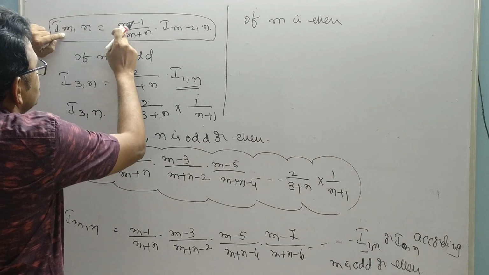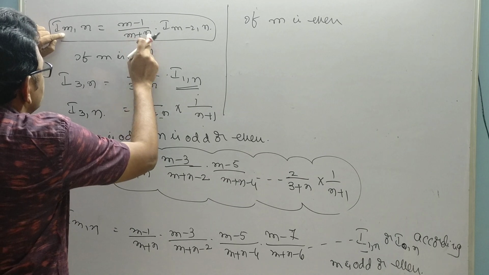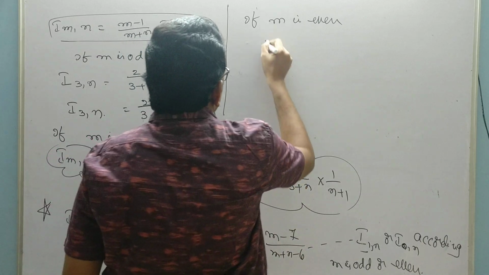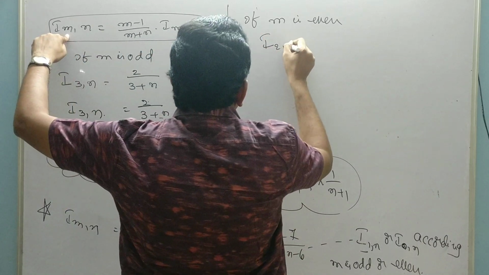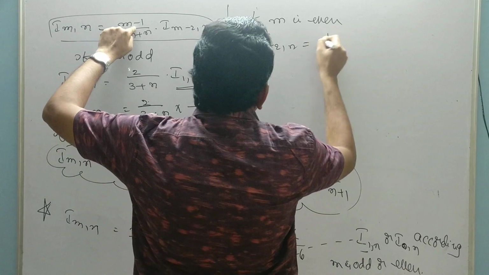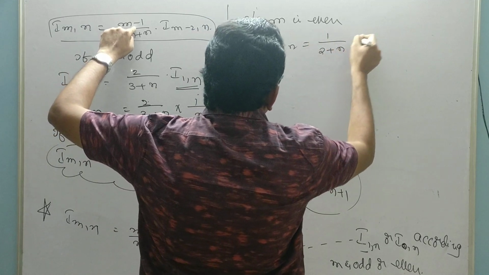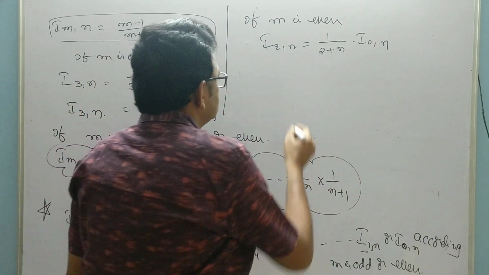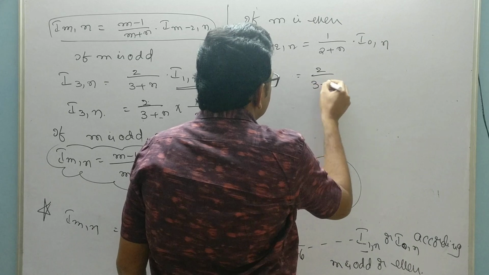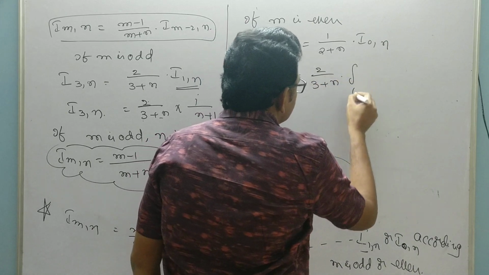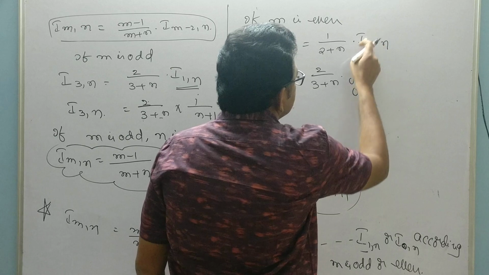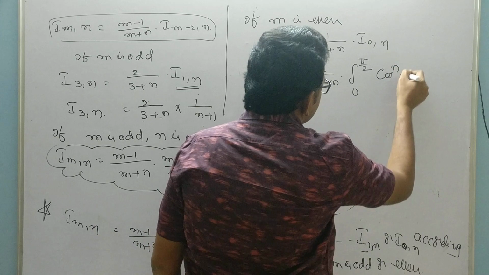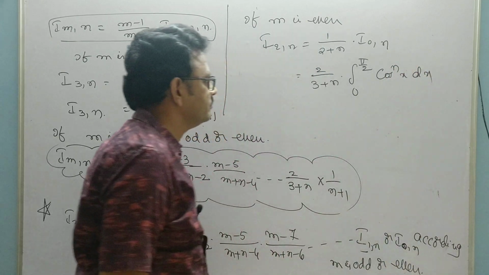So this is I(2, n) = (2 minus 1) by (2 plus n) into I(0, n). Then I(2, n) is equal to 1 by (2 plus n) into I(0, n), that is, 2 by 3 plus n into the integral 0 to pi by 2 of sin power 0x, which means 1, into cos power nx dx.